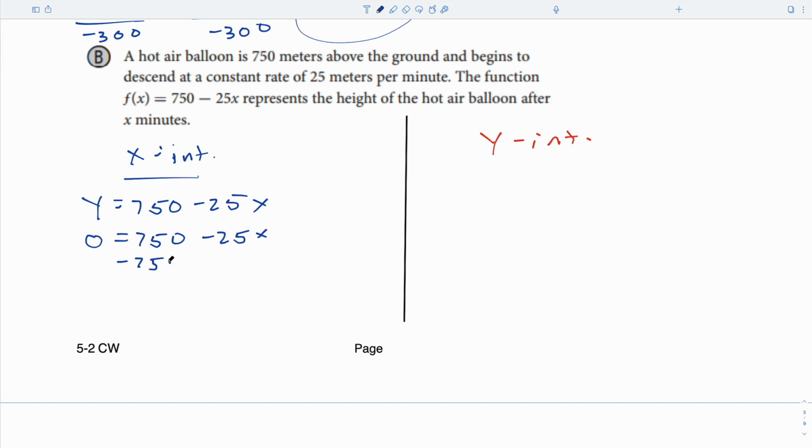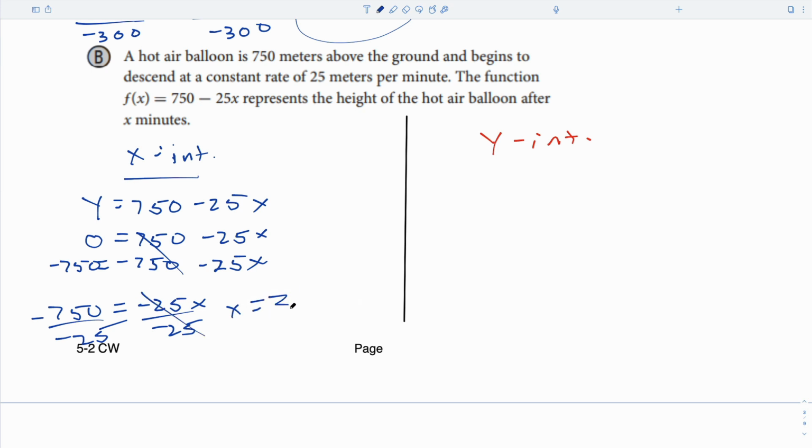I think so. Silent yes, silent no. Looks right. So we subtracted by 750. That canceled the 750, and you get negative 25x on the right, negative 750 on the left. Divide by negative 25, and you get 30. I was not done. X equals 30.